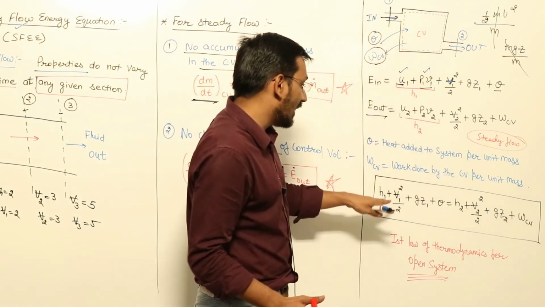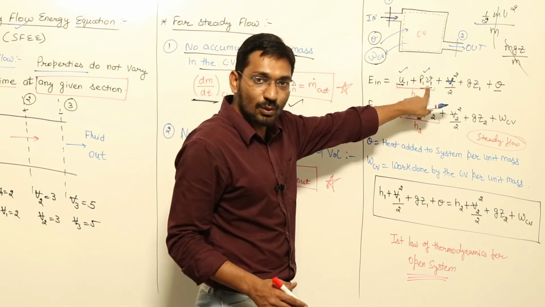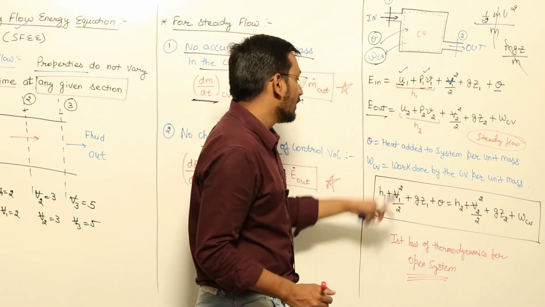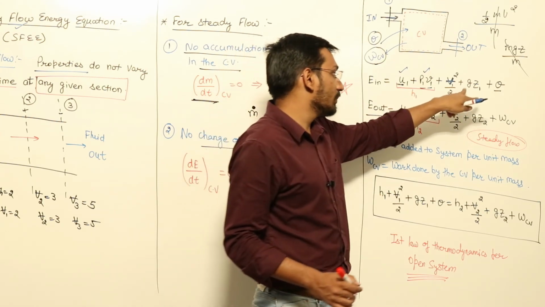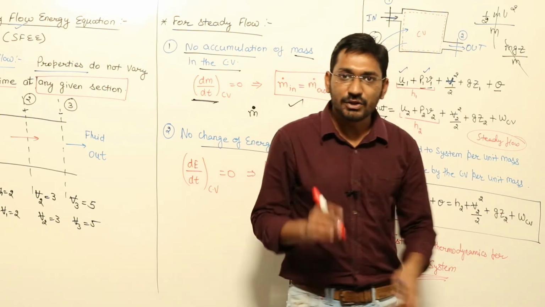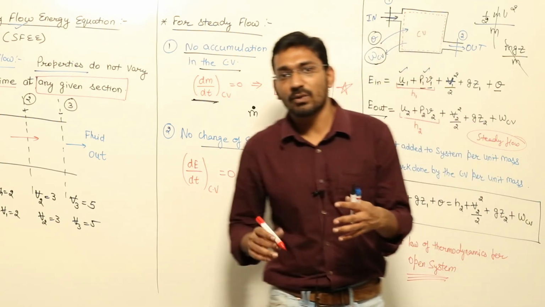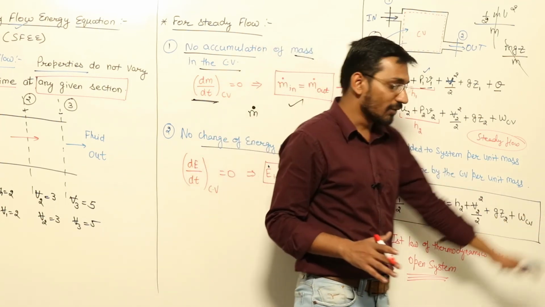So we can write that, and also we know U1 plus PV is equal to H, enthalpy. So we can write H1 plus V1 square upon 2 plus gZ1 plus Q is equal to H2 plus V2 square by 2 plus gZ2 plus work done by the control volume.